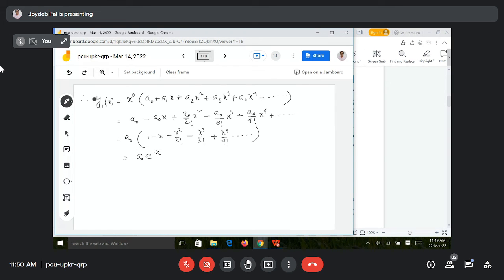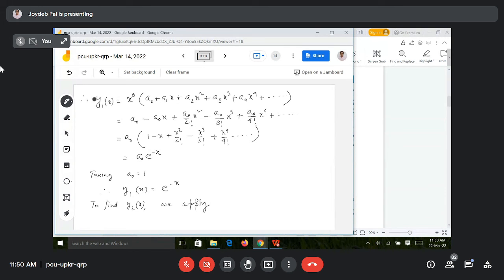So here I am assuming a0 is 1. So y1 will be e to the power minus x. So to find y2, we apply the reduction of order method.